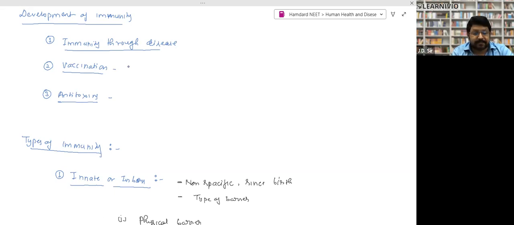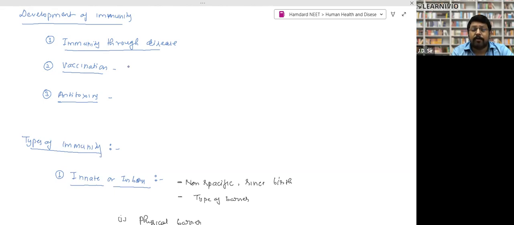Second thing, vaccination. What are vaccines? Vaccines are injections of dead or very weak pathogen, right? So what happens in polio? In the polio vaccine, there are broken parts of the polio virus, and they are injected inside a person.